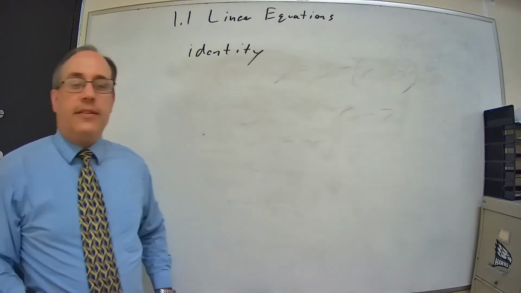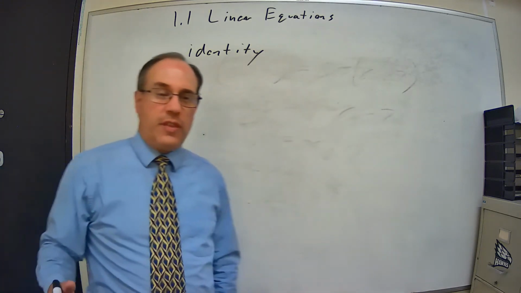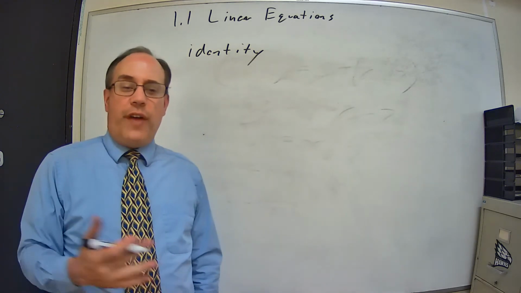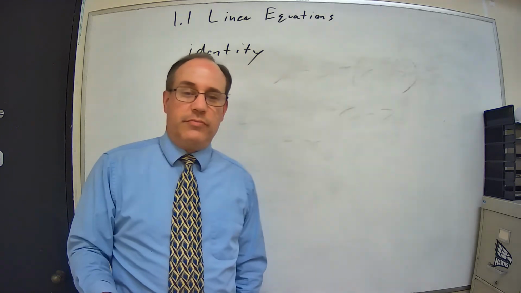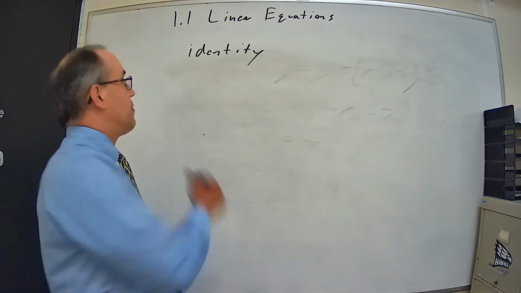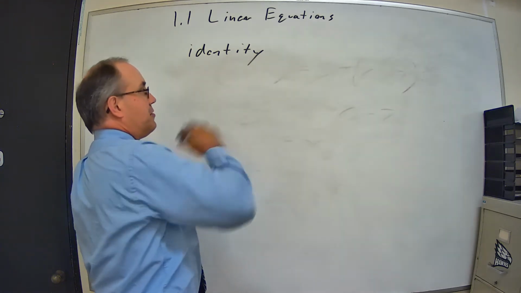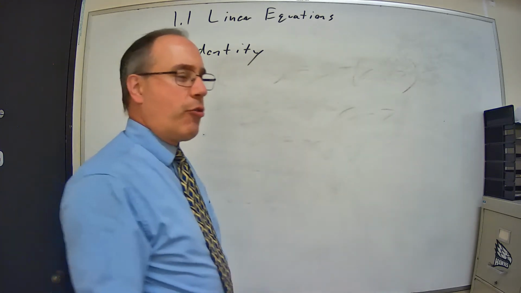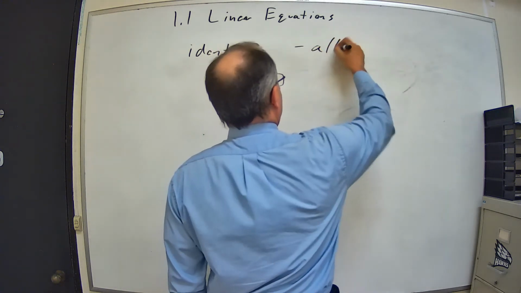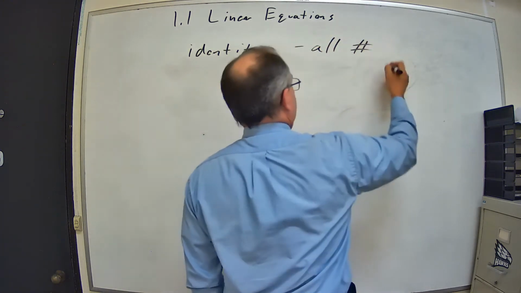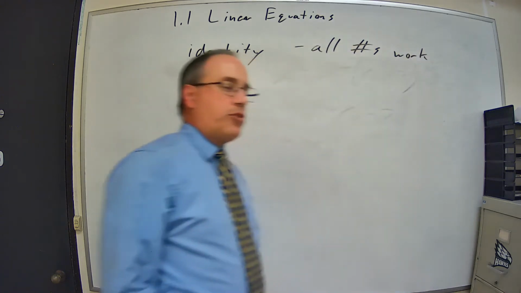An identity is one in which all values make the statement true. So for an identity, basically the statement's true no matter what you put into it. I'm just going to write that as all numbers work.